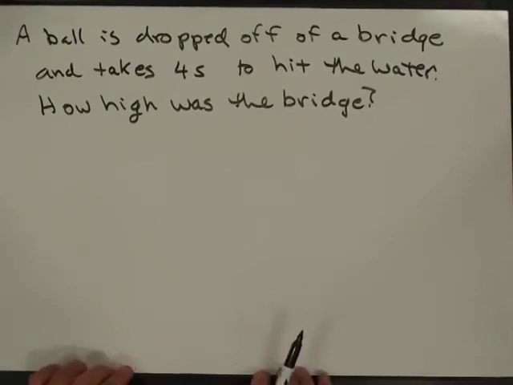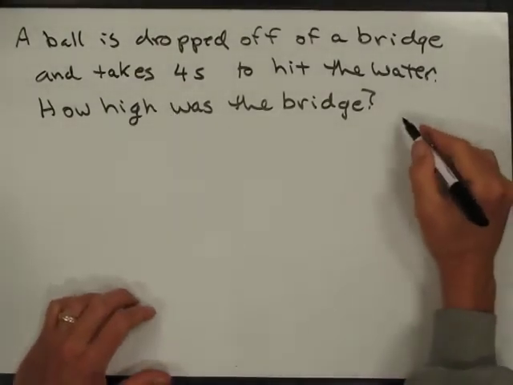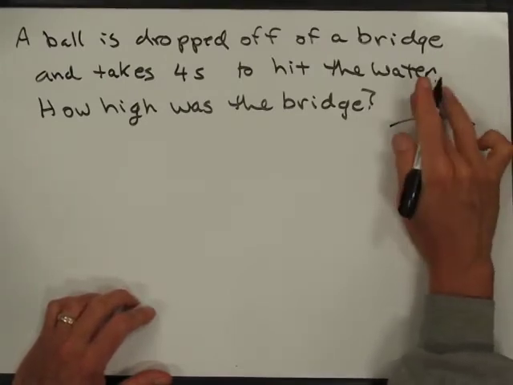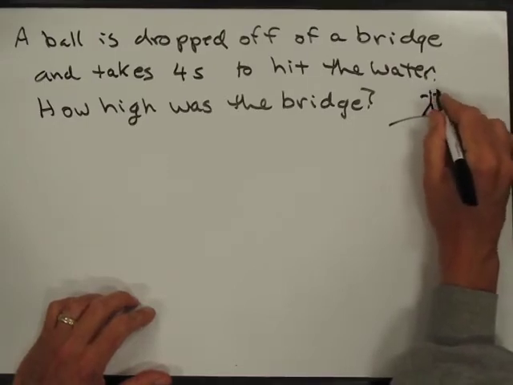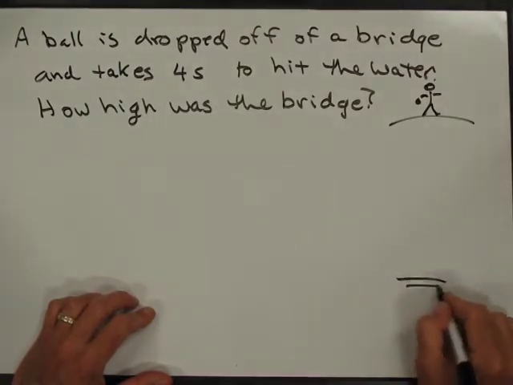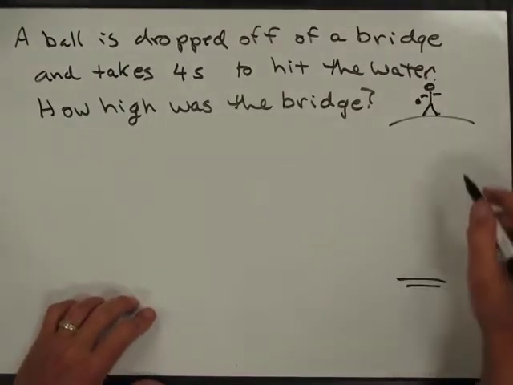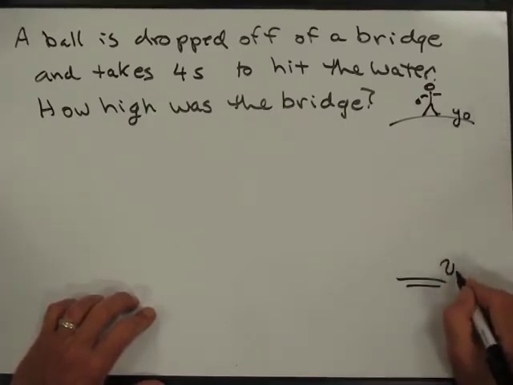A ball is dropped off a bridge and takes 4 seconds to hit the water. And so here's my bridge, right? Here's my ball, and down here is the water. I'm going to call the initial height y0 and the final height y.